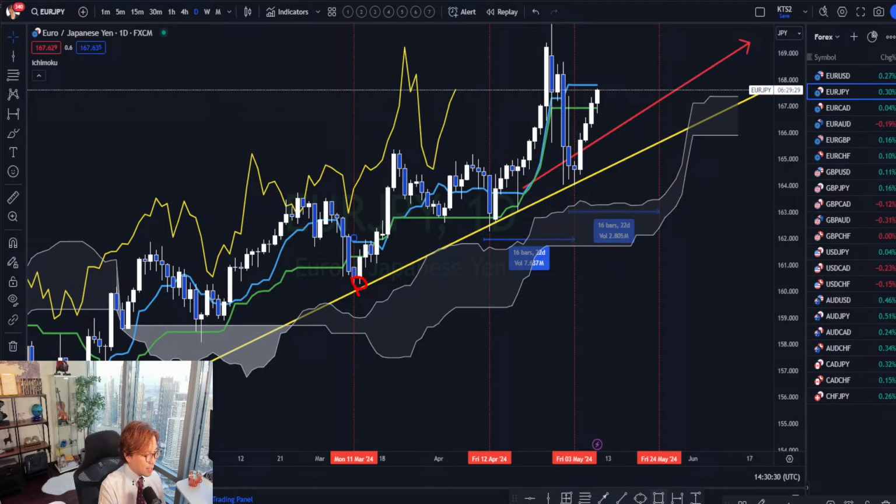So let me again count the bar, not starting from the 11th of March, but starting 1 previous day, so that this 11th of March becomes 1, and count forward, and this becomes 25.